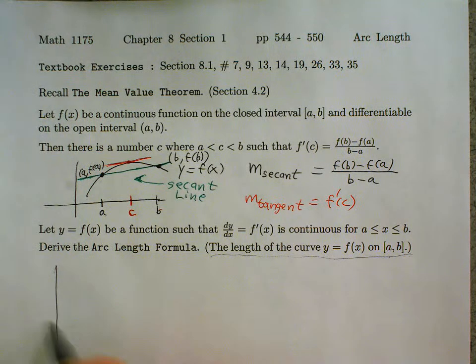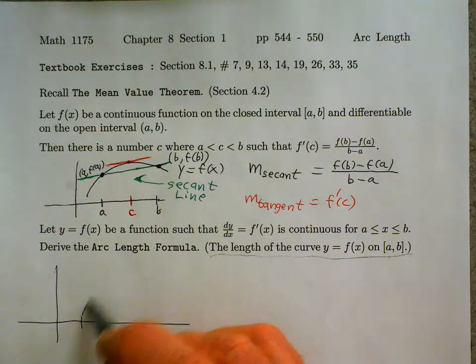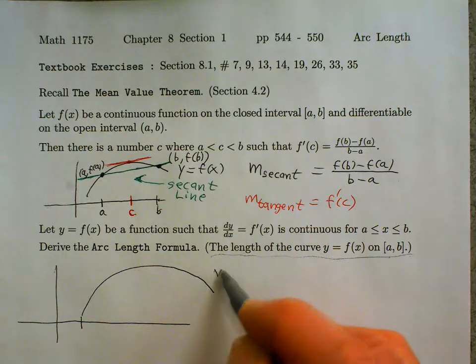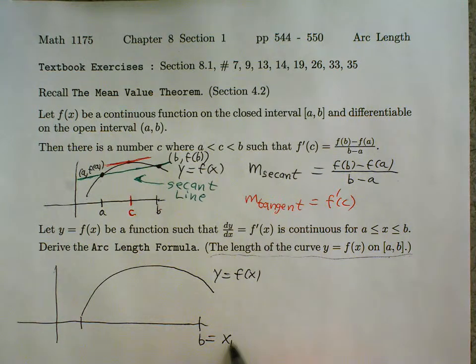So if we have some graph of a function y equals f of x from a to b, say the last endpoint is x of n, and the first endpoint, which corresponds to a, is x of 0.